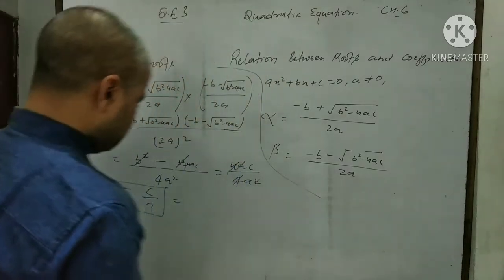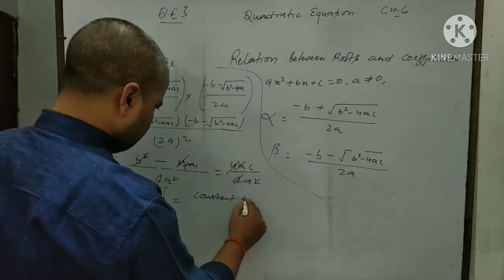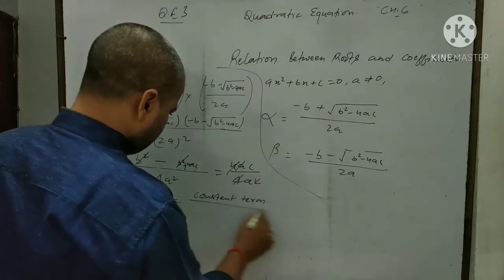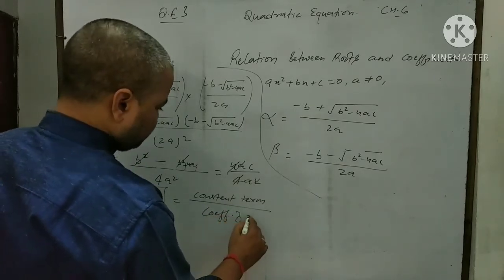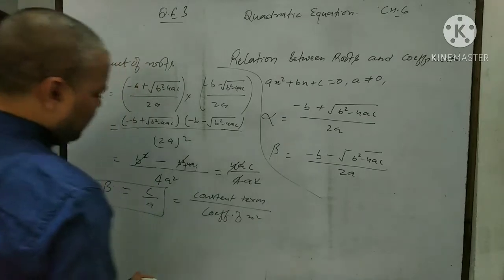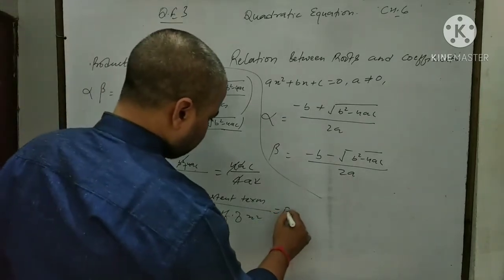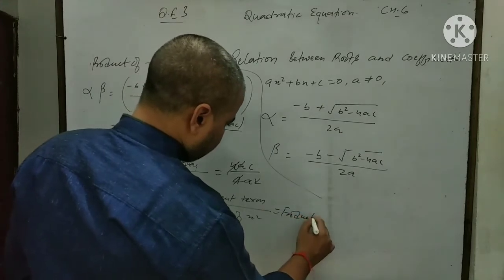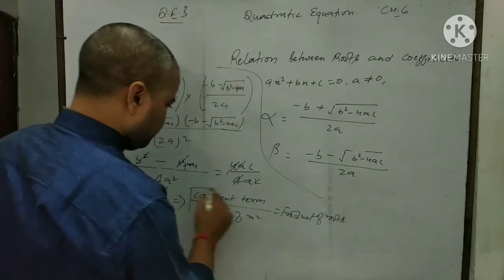constant term upon coefficient of x square, is equal to product of roots.